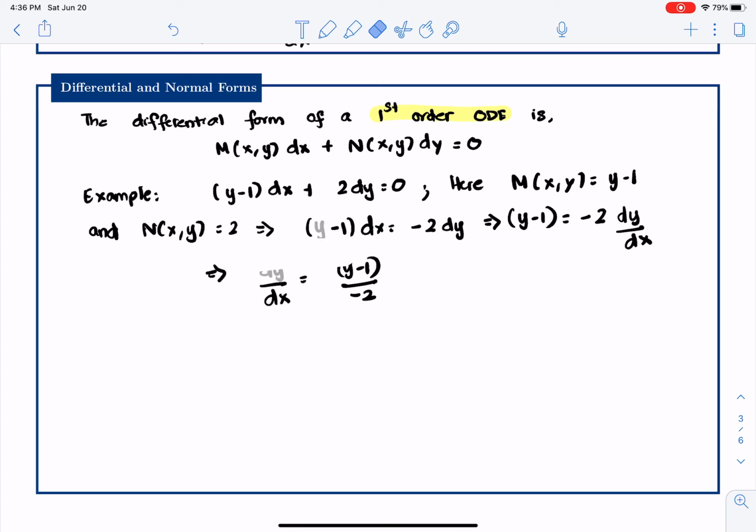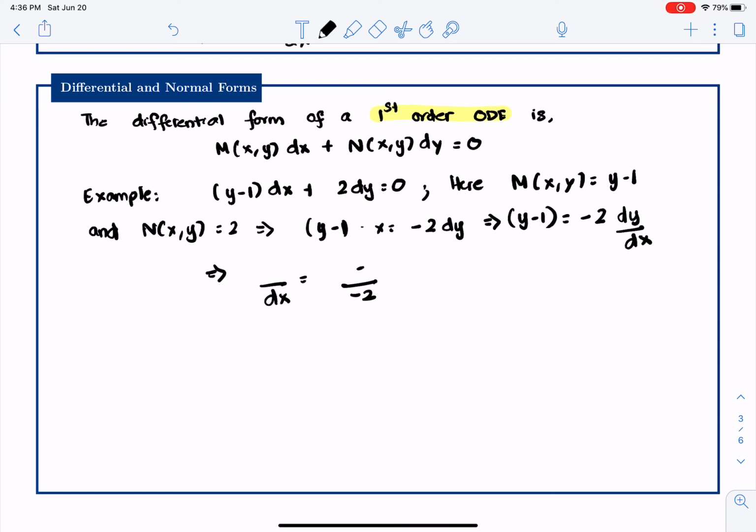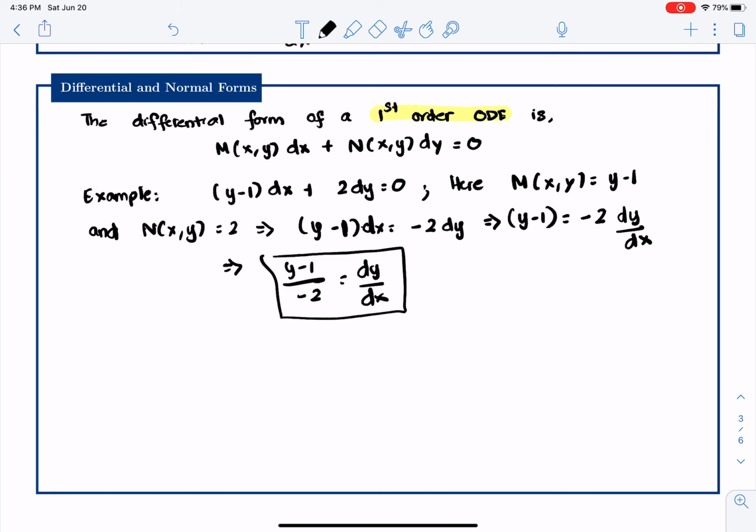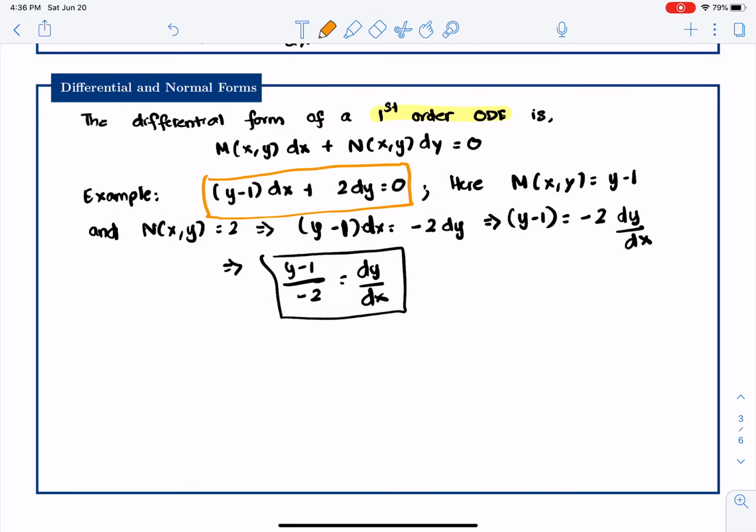So this differential equation right here is the same as that equation, only that the first equation is in the differential form and the second one is simply a differential equation.